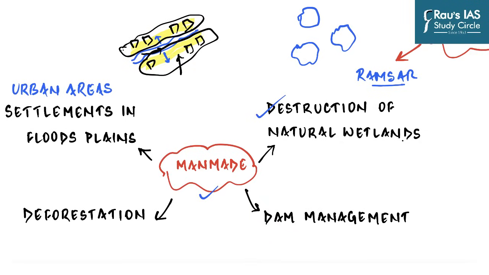But they also solve the problem of drought at the same time, because these wetlands are not just water bodies, not just like any other pond. They are sponges. They absorb the extra water as and when the need arises. And so they have this natural tendency to absorb much more volume of water than anybody else can do.